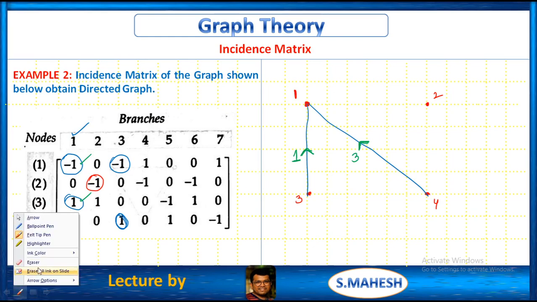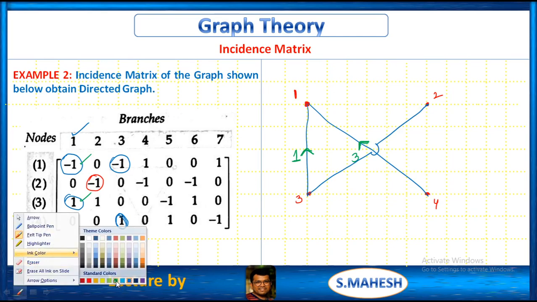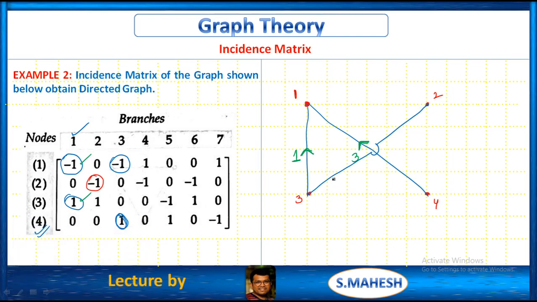So finally what we are having? 1, 2, 3, 4. What is that orientation? Away from 3 is positive, right? So this is like this. Towards node 2, negative value, clear.